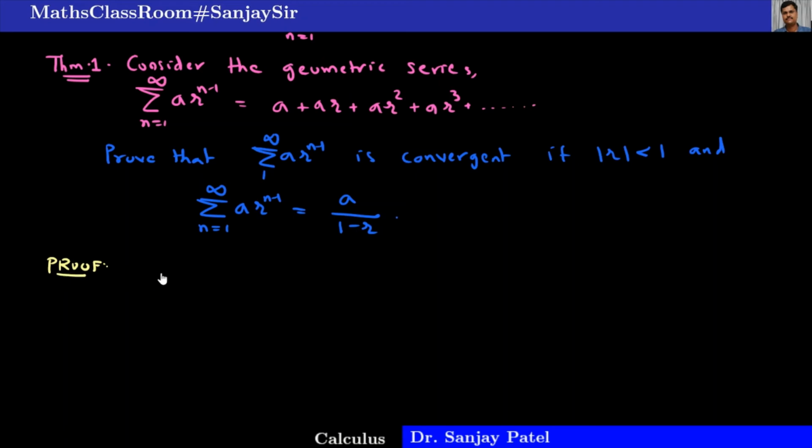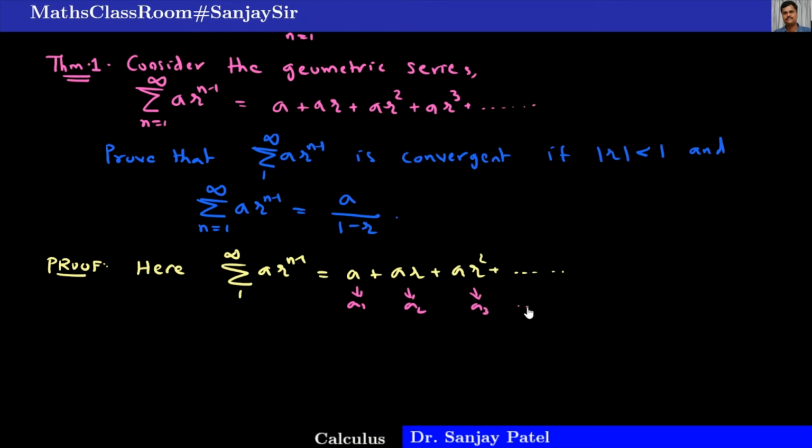Here the given series is sigma a into r raised to n minus 1, from 1 to infinity, which is a plus ar plus a into r square and so on. So this is my first term, second term and so on. Let me name them: this is a1, this is a2, the third term is this and so on.